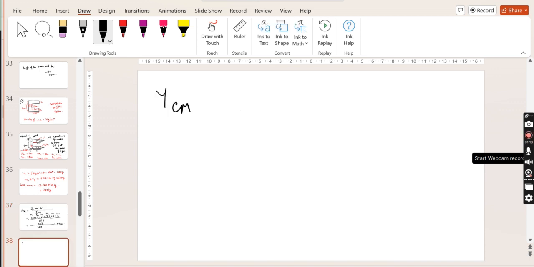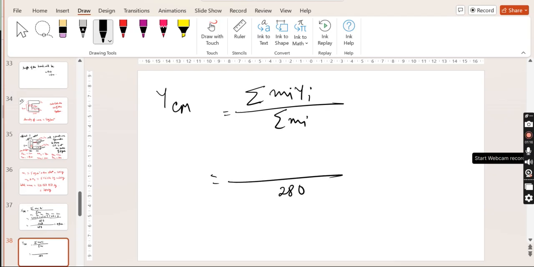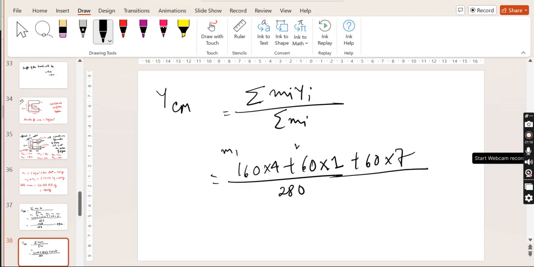Now, the y coordinate of the whole center of mass will be sum of MiYi by M, which is 280. So 160 into 4 plus 60 into 1 plus 60 into 7. That is M1, M2, M3 with YCM1, YCM2, YCM3. That will be 1120 by 280, that is 4 centimeters.